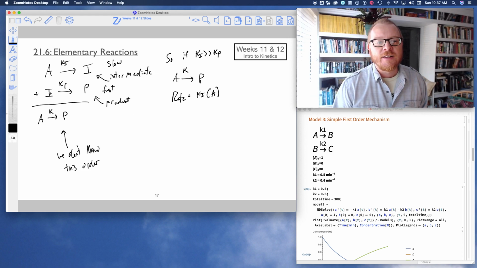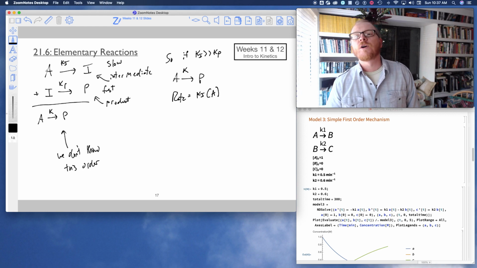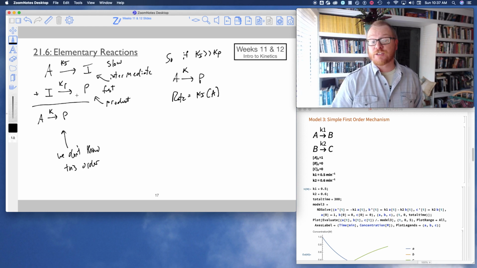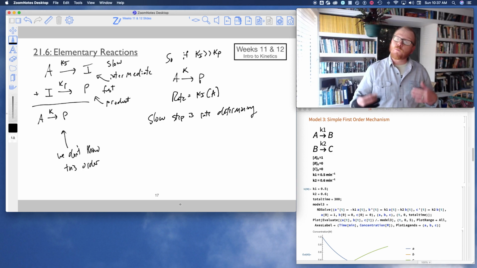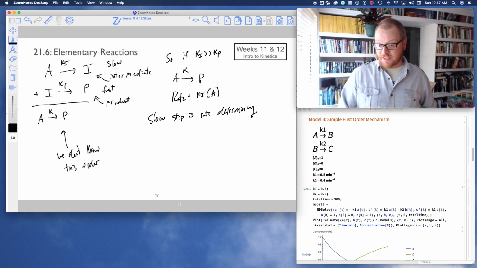If it's extremely fast compared to this first step, then the total reaction order is just going to mirror that of the slow step. So the slow step is rate determining, okay?